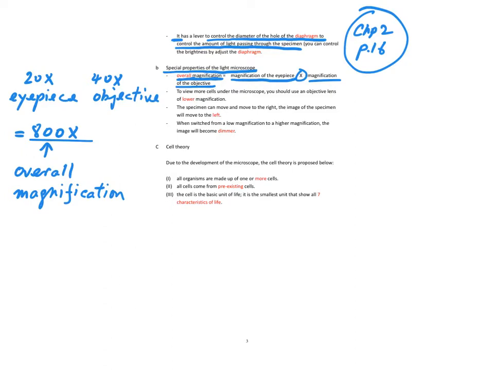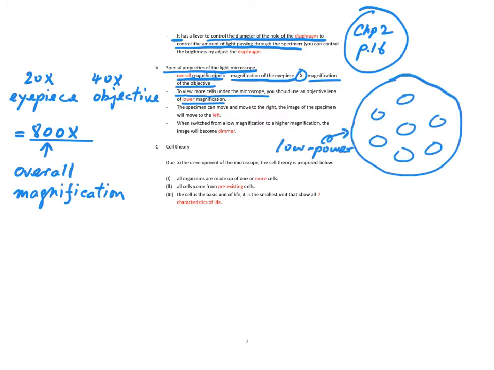To view more cells under the microscope, you should use an objective lens of lower magnification. This is because at low power magnification, the area of specimen observed is larger than that of high power magnification.